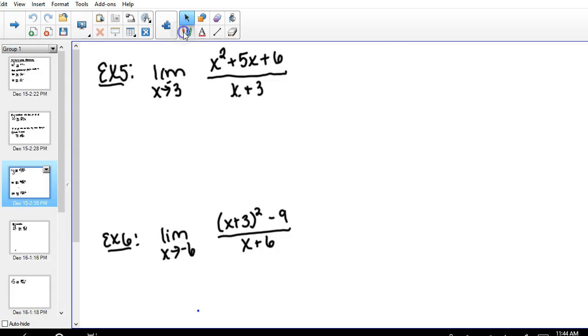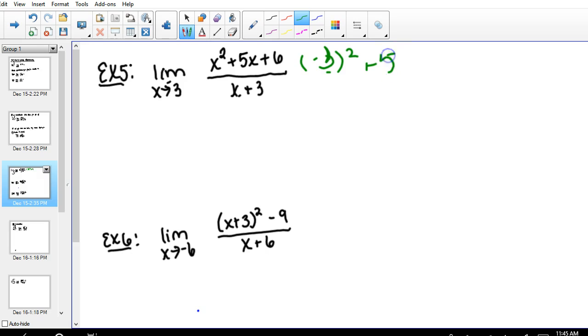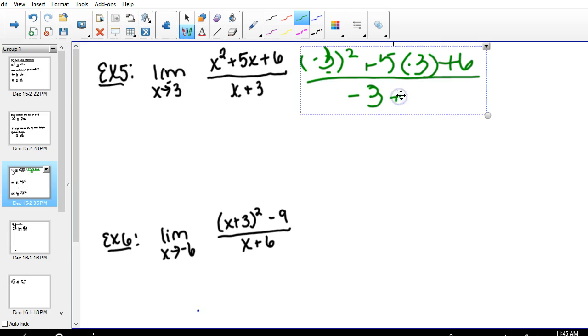So if you plug negative 3 into this equation, 3 squared plus 5 times negative 3 plus 6 over negative 3 plus 3.